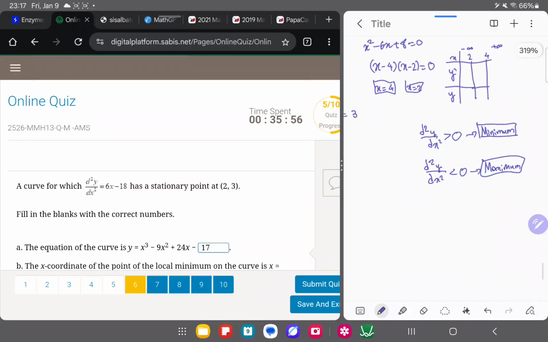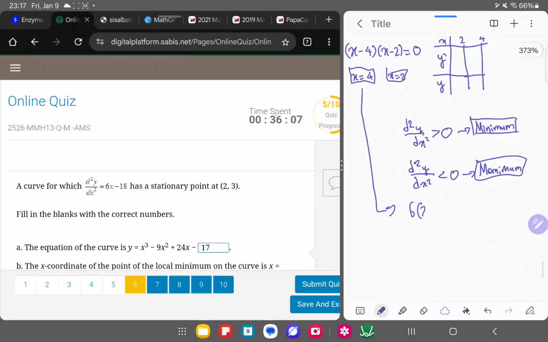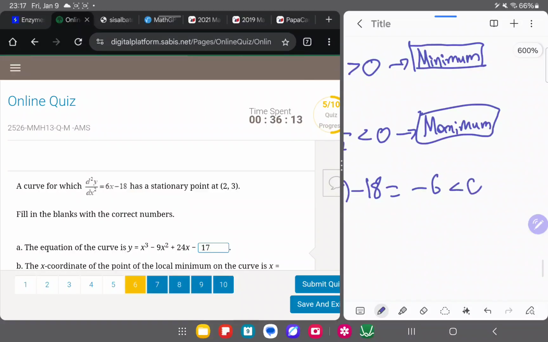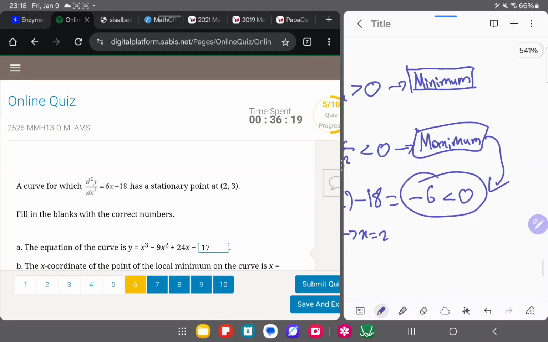Okay, so now I'll just input the values here. I already have the formula here, right? 6x minus 18. So I'll put x equals 2: 12 minus 18 equals minus 6. Now minus 6 is less than 0, meaning what I put here, right? I put x equals 2, and over here, this follows this rule here.